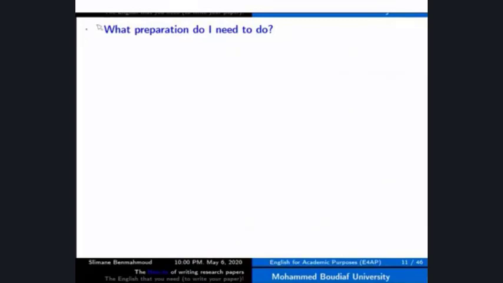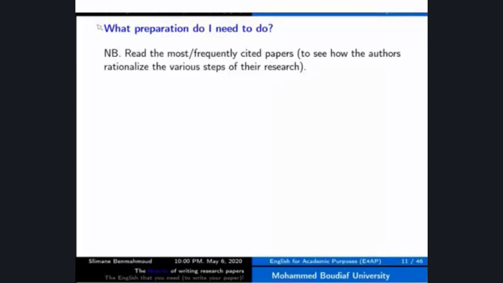What preparation do I need to do to prepare my manuscript, to write it, to submit it, and everything? Well, here is a suggestion or an advice. You have to read the most frequently cited papers to see how the authors rationalize the various steps of their research.